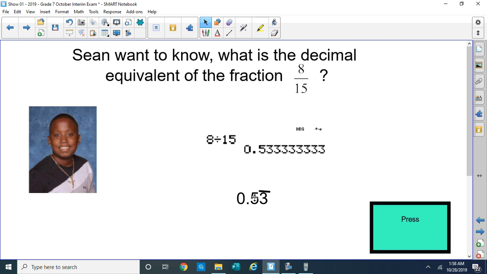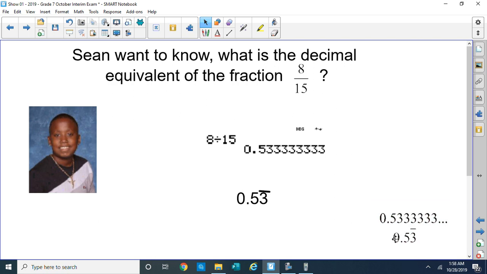If the 5 and the 3 were repeating, it would have a line over both of those numbers. So that'd be another answer as well, instead of writing all of those 3s. So I hope you got what you needed to know, Sean. So there is our answer, the 0.5 with all the repeating 3s, or 0.5 with a line over the 3.